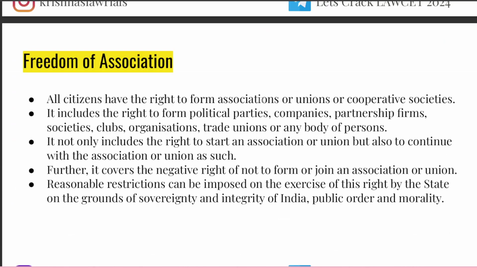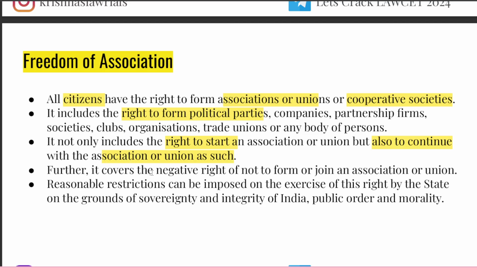Third point is Article 19(1)(c), that is freedom of association. Every citizen has the right to form associations, unions and cooperative societies. They even have the right to form political parties. Here they not only have the right to start an association, but they can also continue the association or unit, like doing some programs, hosting some events and all.